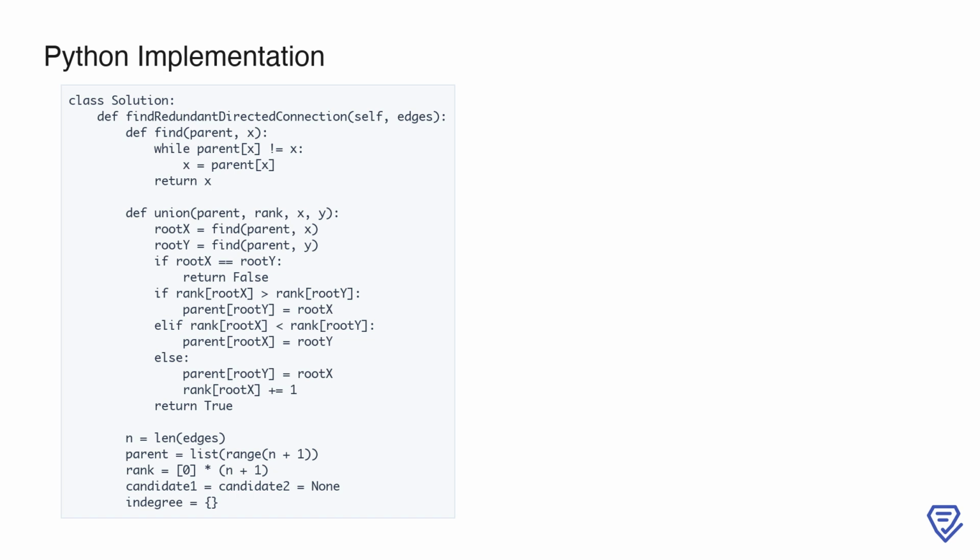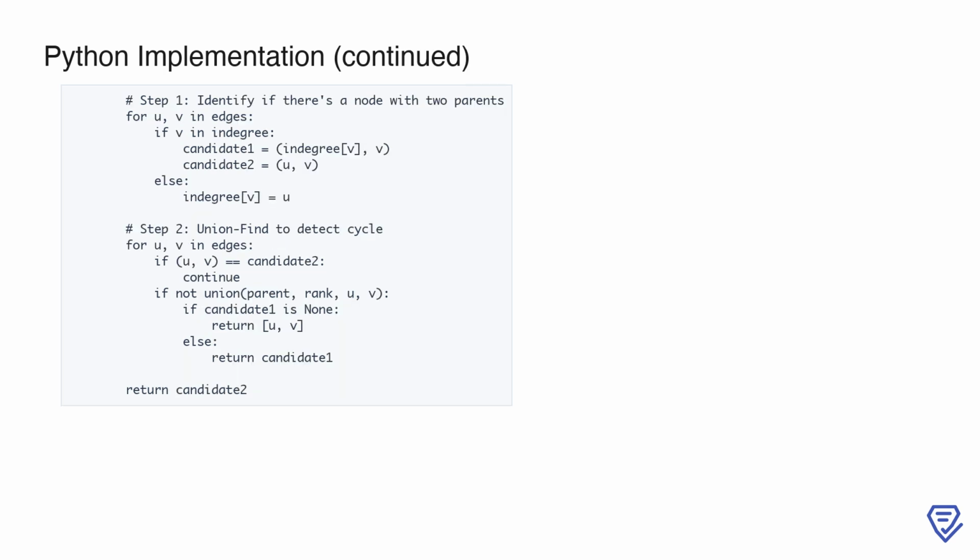The main method then initializes variables: parent to track the parent pointers, rank to store the rank of each node, and candidate1 and candidate2 for storing potential edge removals later. We also declare an in-degree dictionary to keep track of nodes that may have multiple parents. Now, the first step is to identify if there is any node with two parents. We iterate over the edges and, for each edge, check if the destination node already exists in the in-degree dictionary.